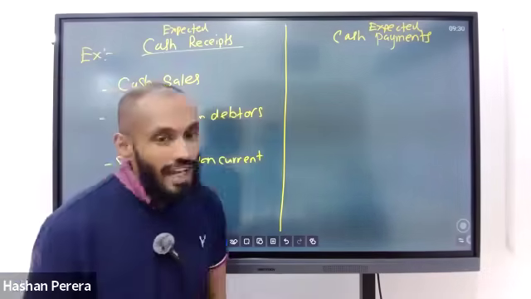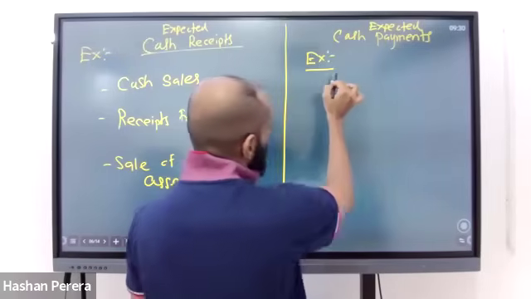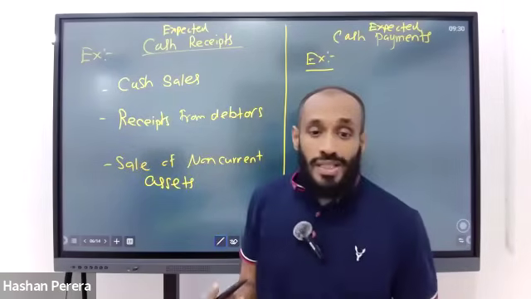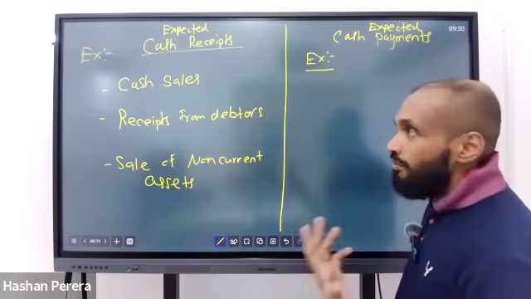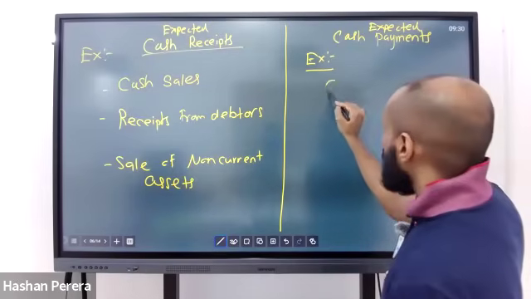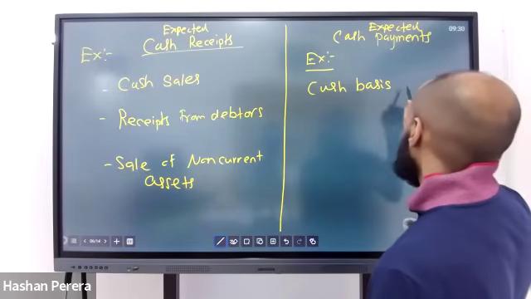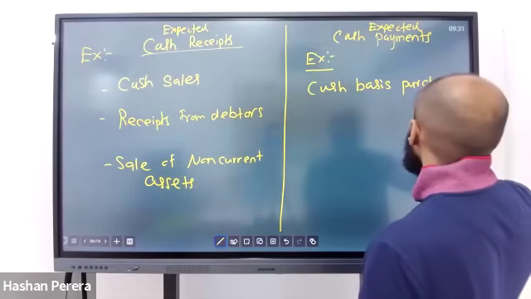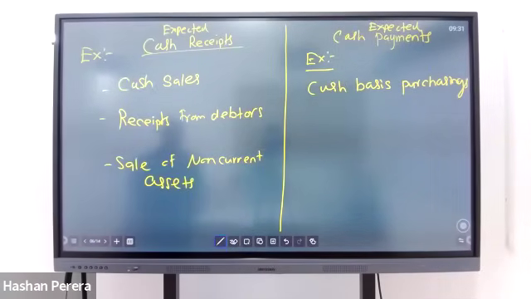Right. Expected cash payments, what would happen? For the examples of expected cash payments: when you are purchasing stocks, when you are doing purchasing on a cash basis, that is one way you have to incur cash.